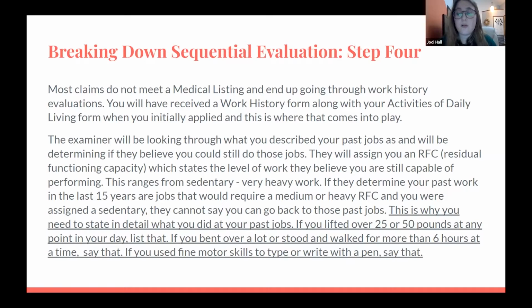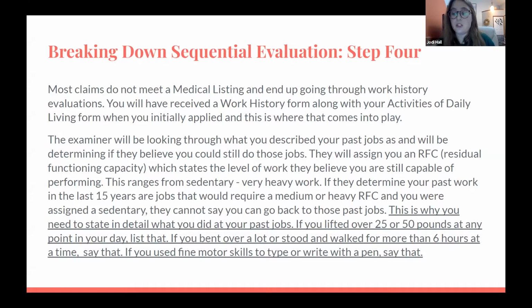So that's why it's important to really be thorough in how you're listing your past work, so that they know that they cannot send you back to a job that you've done in the past if you can't do it. So your examiner will be listing your past work.